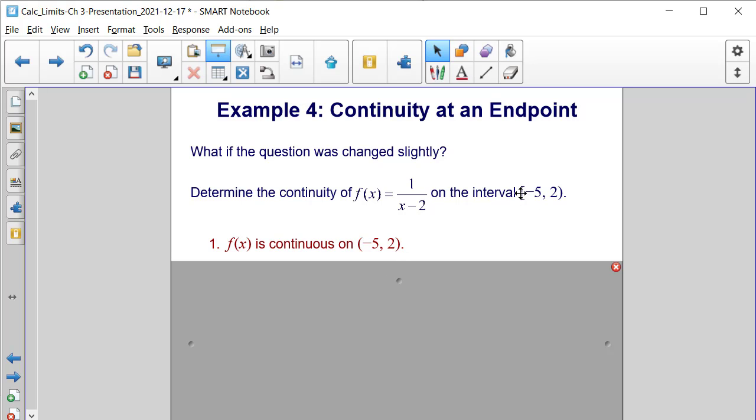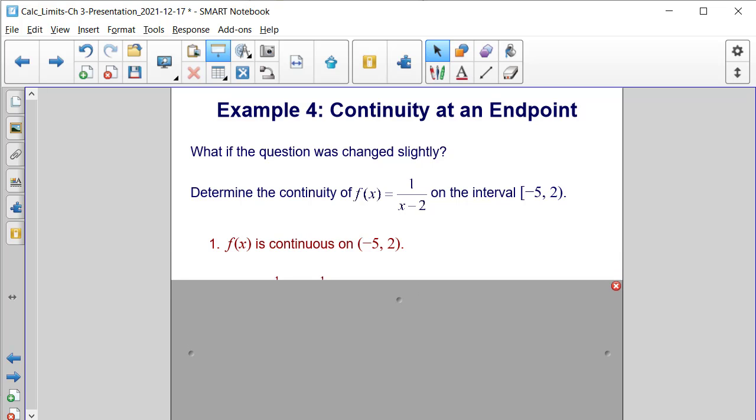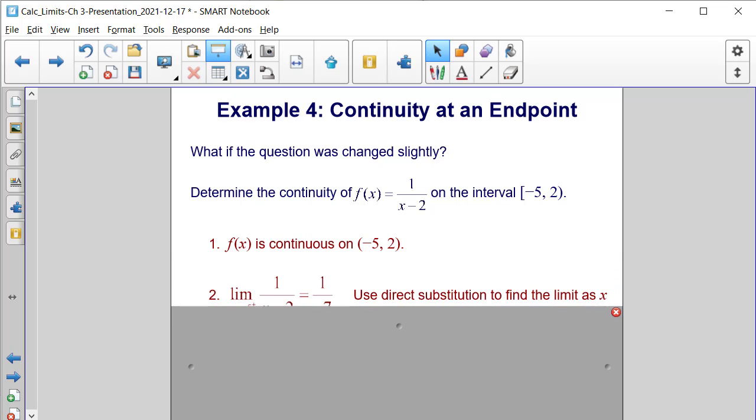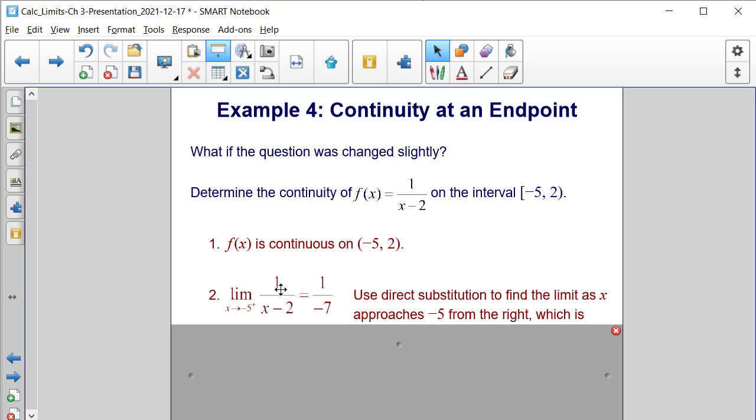But now we have this closed bracket at -5. So what we need to do is determine the limit of 1 over x minus 2 as x approaches -5 from the right.